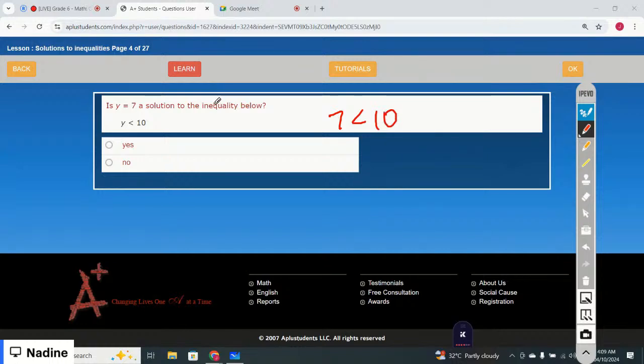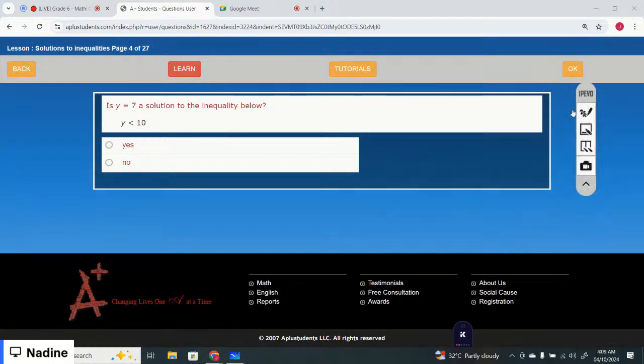Which is the correct option? True it is, right? 7 is less than 10, so the correct option is yes. Option number 1 is the correct option.